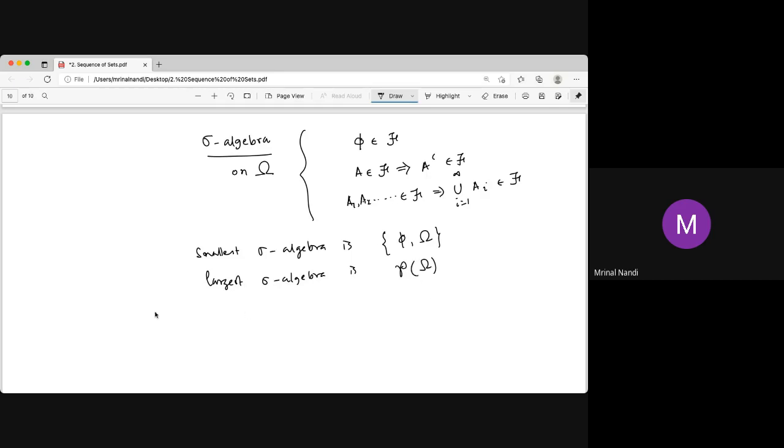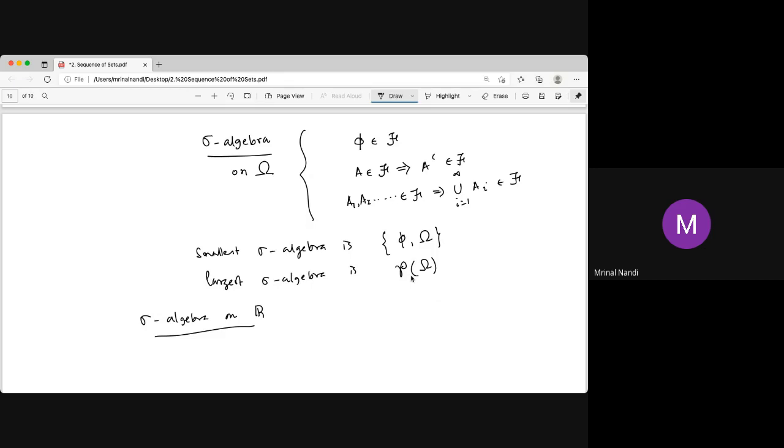Now, if we want to find a sigma algebra on R, the set of real numbers, the power set of R is a very large collection. And in the power set of R, you actually can't define length or some measure.